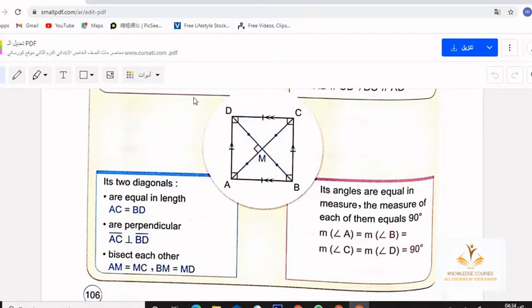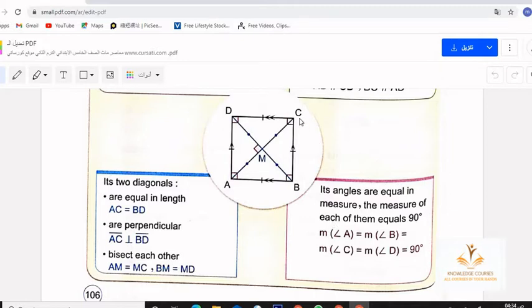The diagonals of this square are AC and BD. هنلاقي ان ال AC equal BD and are perpendicular. AC perpendicular on BD and bisect each other.